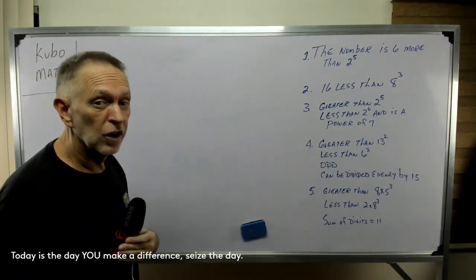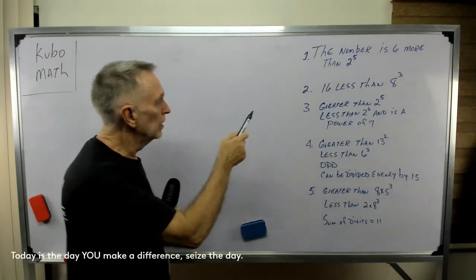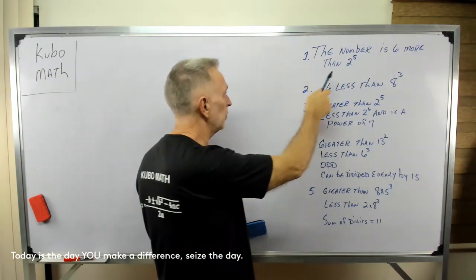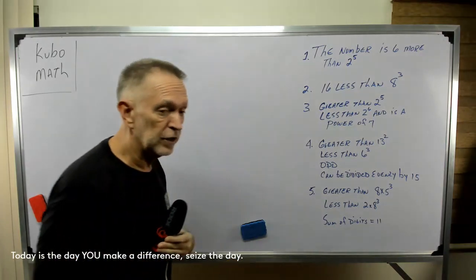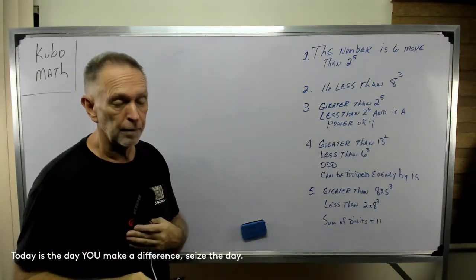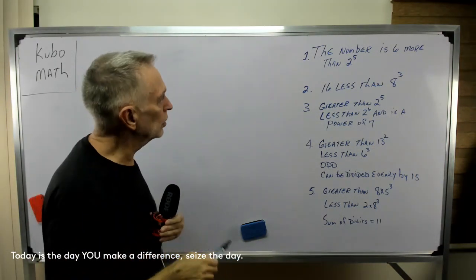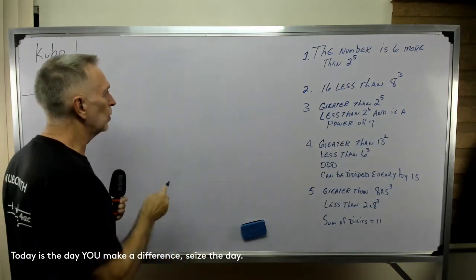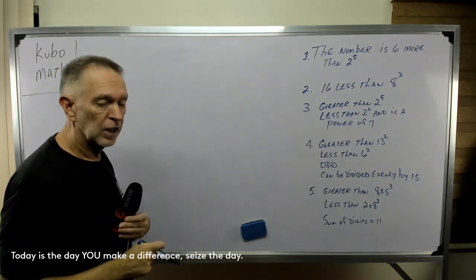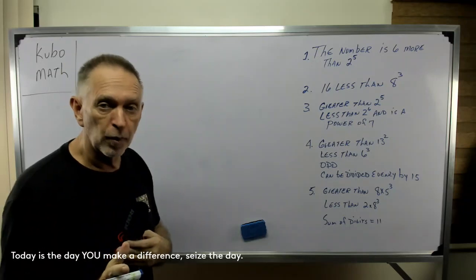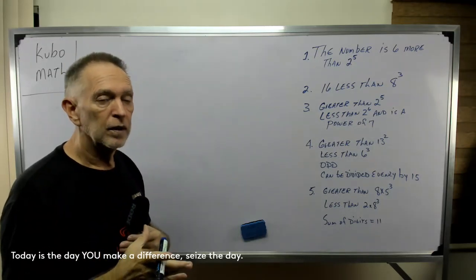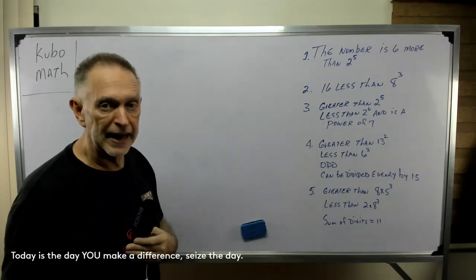Okay, let's look at number 1. The number is 6 more than 2 to the 5th power. The number that we're looking for is 6 more than 2 to the 5th. Let's give the number we're looking for a name.